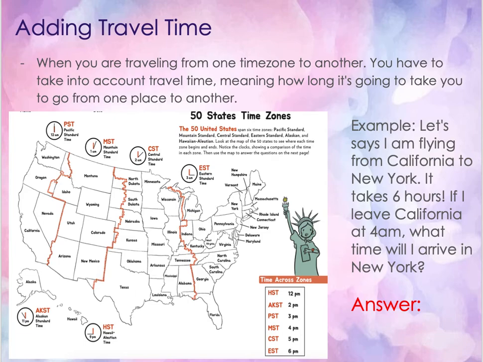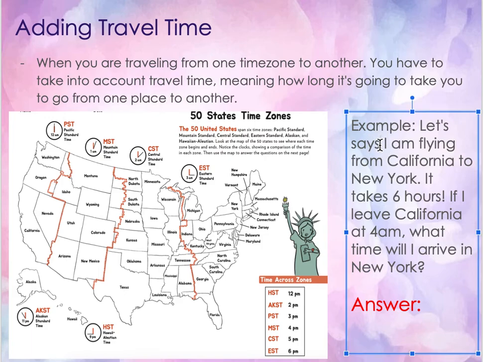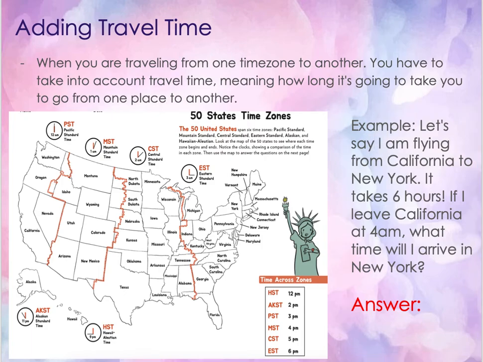Okay? So example, let's say I am flying from California to New York. It takes 6 hours. If I leave California at 4 a.m., what time will I arrive in New York? Okay, so the first thing I would do is figure out what direction I'm traveling in.